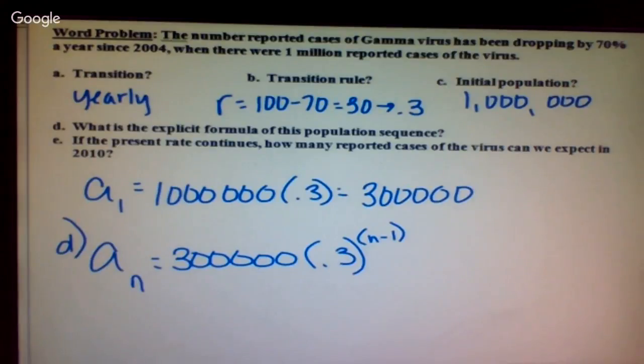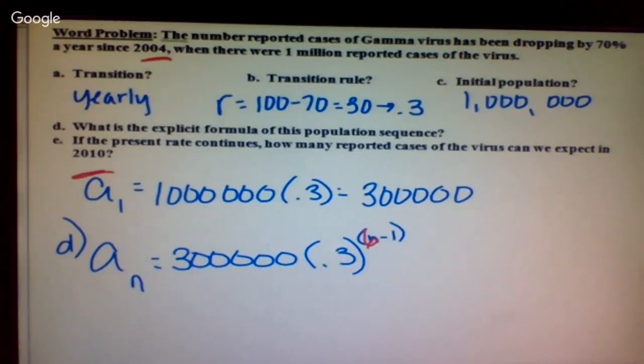Now part E wants to know how many cases we will expect in 2010. What goes in for n? 6. Why 6? Because 10 minus 4 equals 6. We started in 2004. It is now 2010, which means this needs to be 6 minus 1.